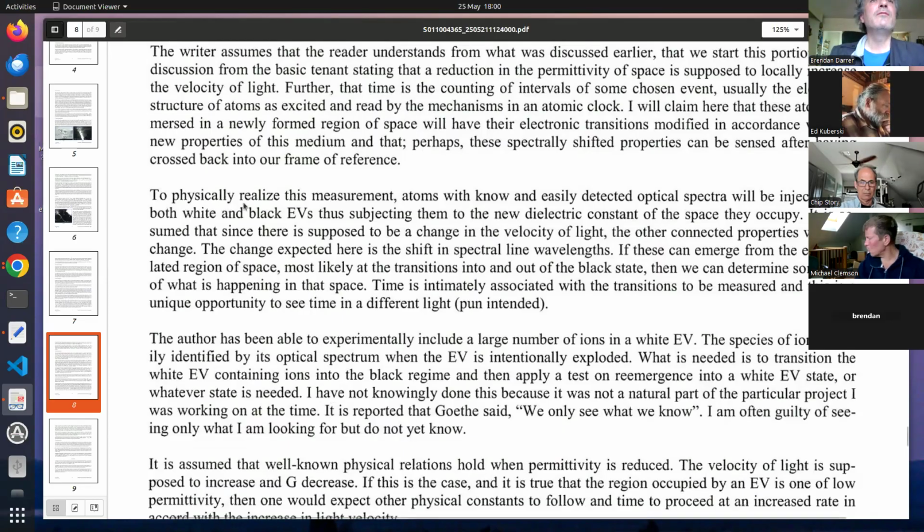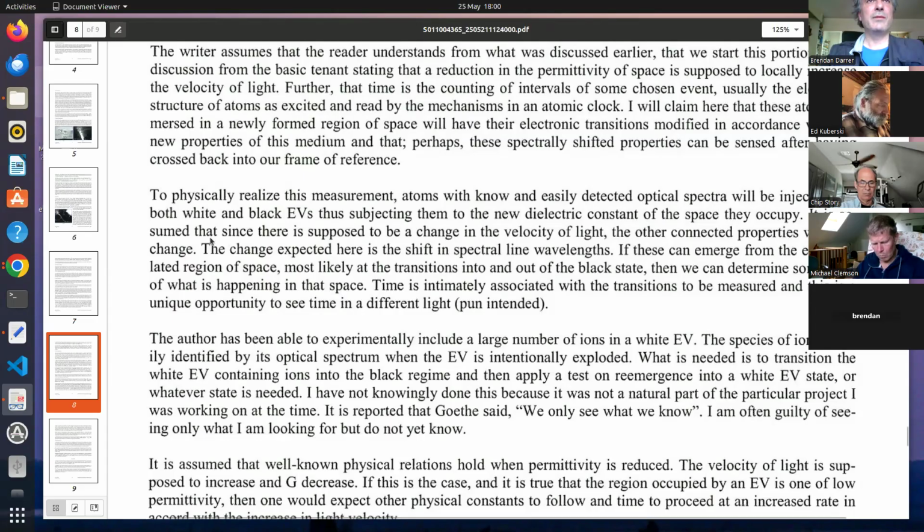To physically realize this measurement, atoms with known and easily detected optical spectra will be injected into both white and black EVs, thus subjecting them to a new dielectric constant of the space they occupy.